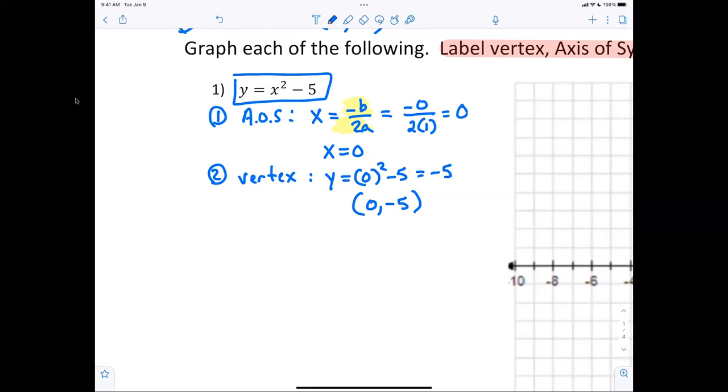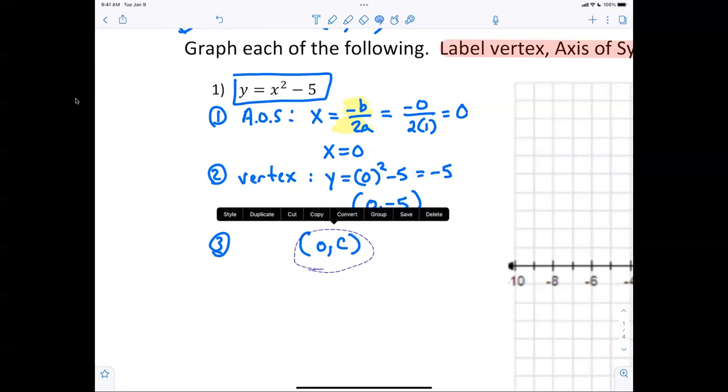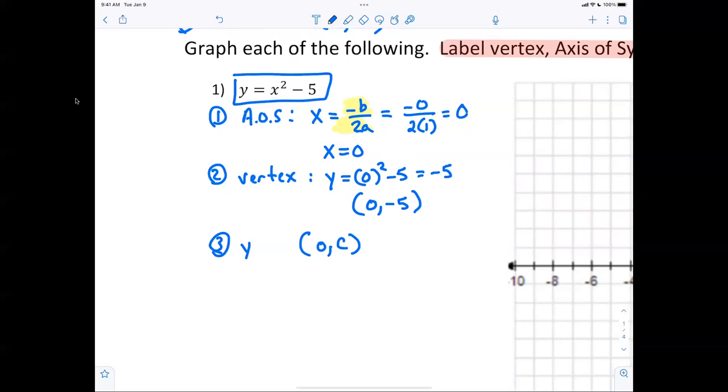Now, number 3 is we have to find the y-intercept. Who was listening? 0, comma, c. So what is the y-intercept? 0, comma, -5, because the y-intercept is a point.